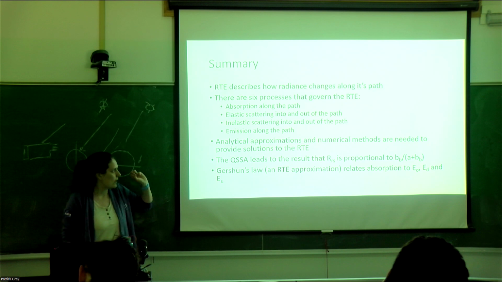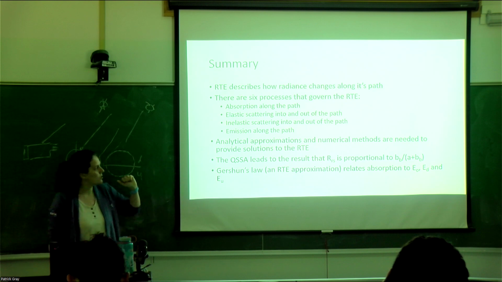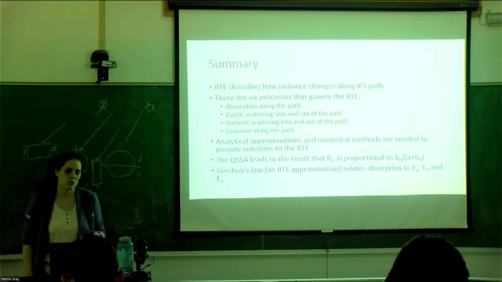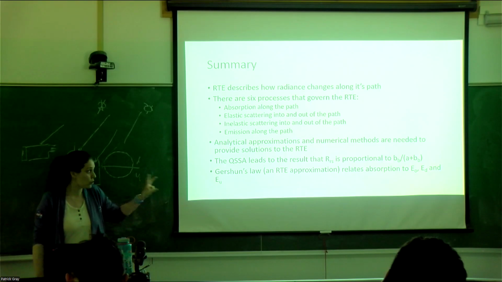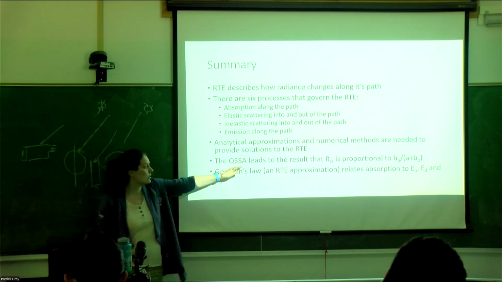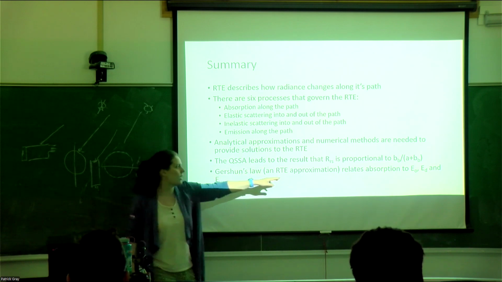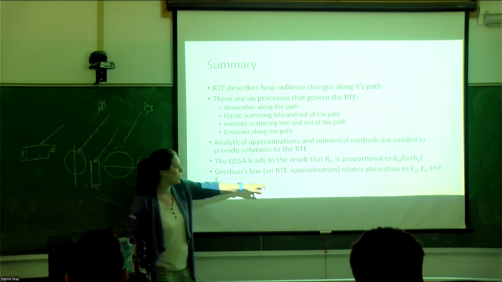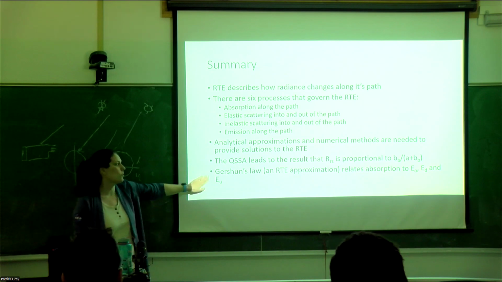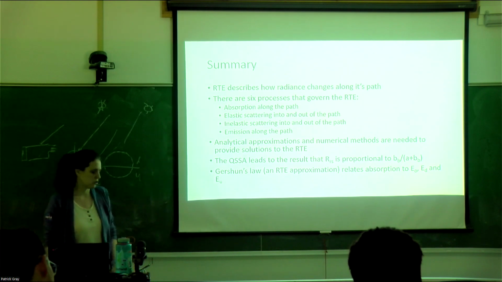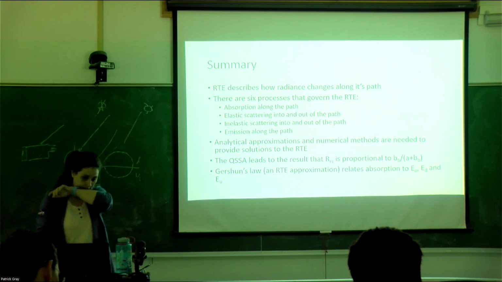There are a bunch of different analytical approximations, and numerical methods are needed to solve the radiative transfer equation. We just looked at 2 of these approximations. One leads to this quite commonly used relationship that RRS is proportional to bb over a plus bb. And the other one is Gershun's law, which relates absorption to irradiance.